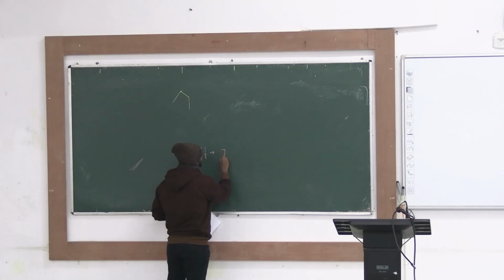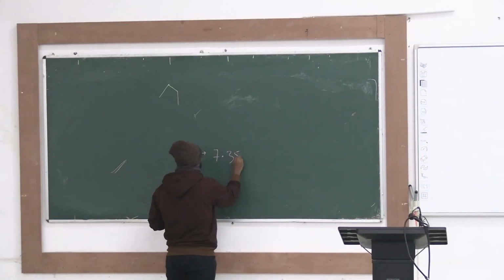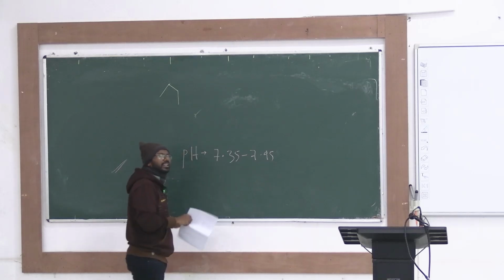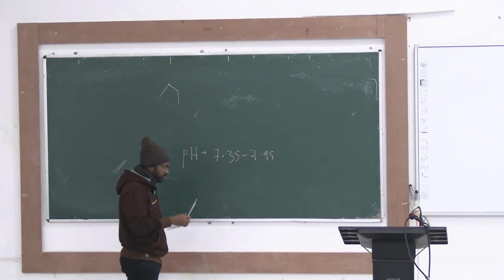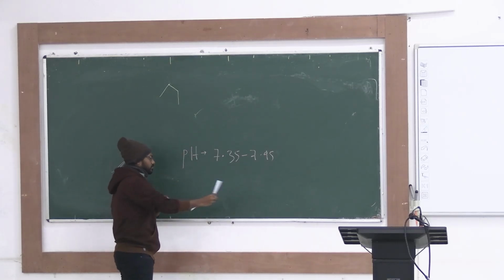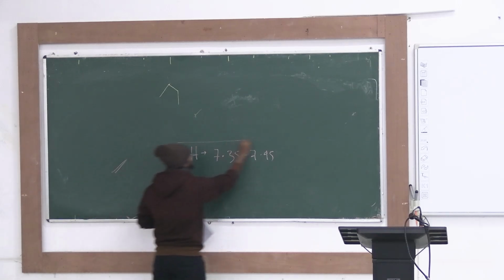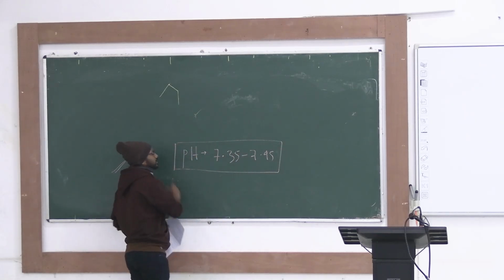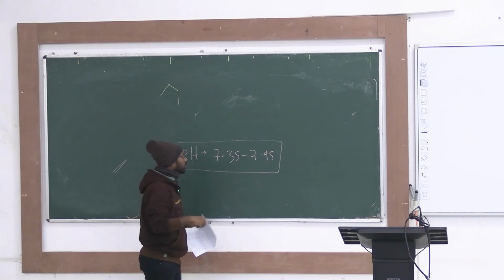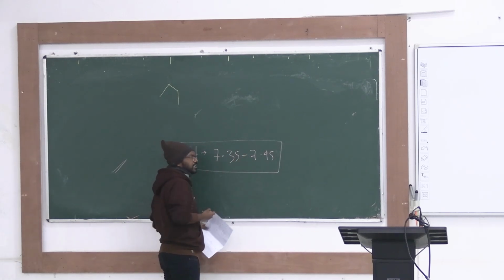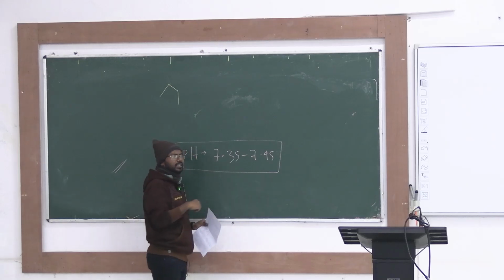pH is 7.35 to 7.45. That is your normal range, a very small range, right? So you have to understand at which pH the body is fatal. Okay, even if it increases it can be fatal, and it can be fatal when the pH is decreased. When the pH is decreased, what will we call it?